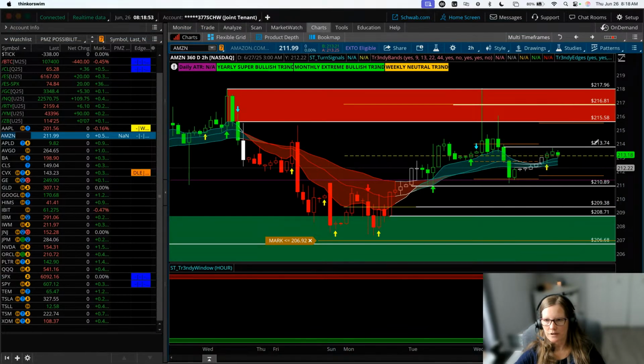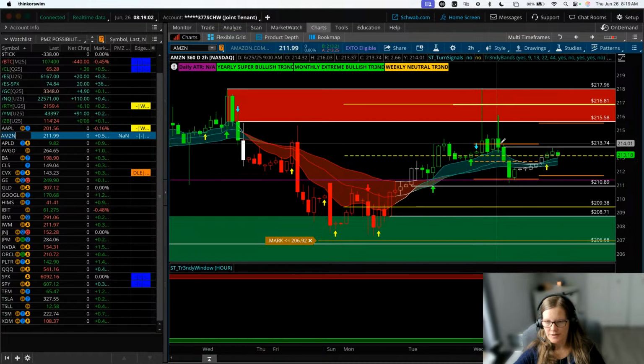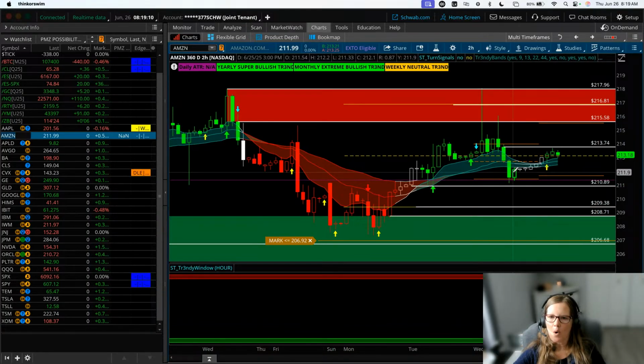Price is currently at 213. My zone is about 2.5 to $5 above. That is some nice. But notice this candle formation, the inside and down right here, it's acting as a brick wall. We did create inside and up down here. I got a couple of trendy edges and then this 210.89 for downside. I'm going to go ahead and put another level here where we finally broke out.